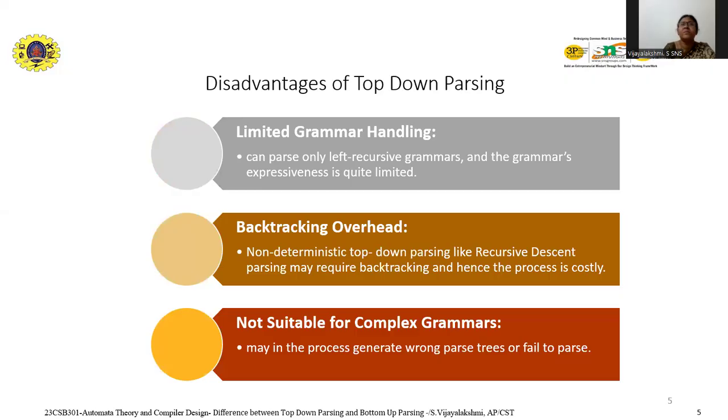Recursive descent parsing may require backtracking, and hence the process is costly in overhead. Not suitable for complex grammar, that means it is inefficient, particularly with more complex language grammars, and it may also generate wrong parse trees.